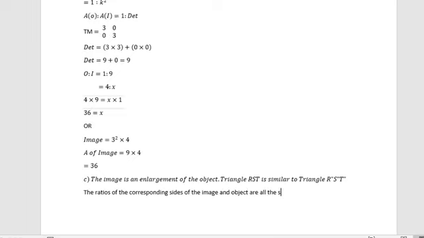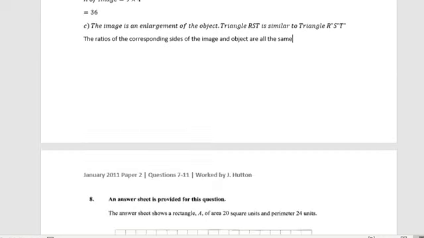So basically, when you do the work, by dividing the image that was formed by the object, so RS prime divided by RS, and ST prime divided by ST, and RT prime divided by RT, what you'll get is 3, which is the scale factor. And that is it for that part of the question.